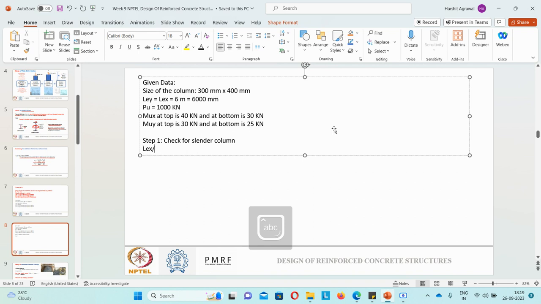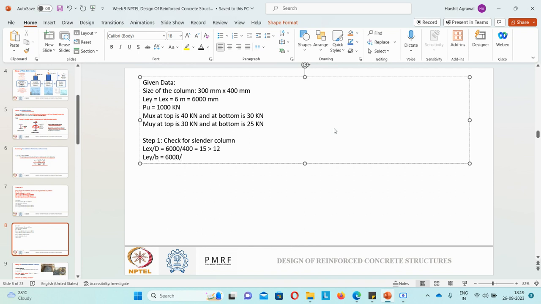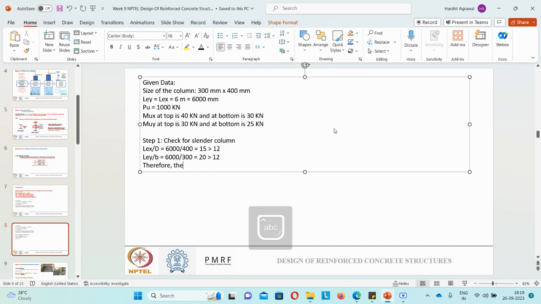So Lex upon D will be 6000 divided by 400, which comes out to be 15, greater than 12. And Ley upon B is 6000 upon 300, which is 20, again greater than 12. Therefore we can say the column is a long, slender column in both directions.